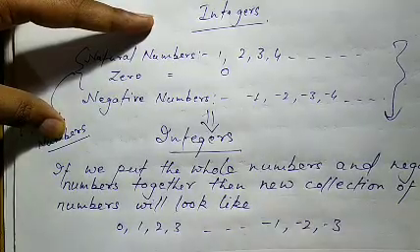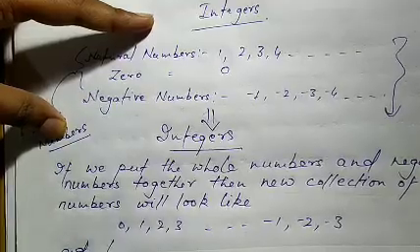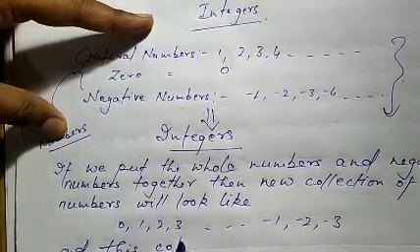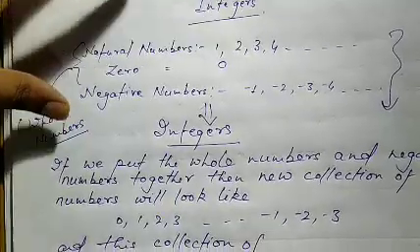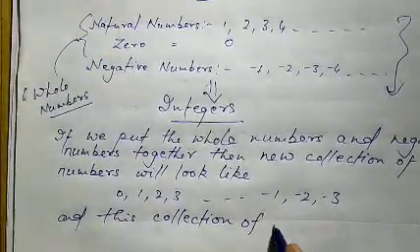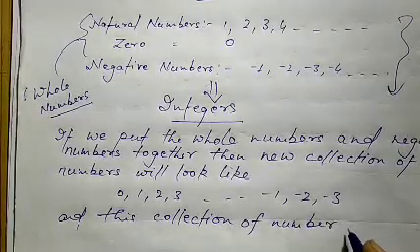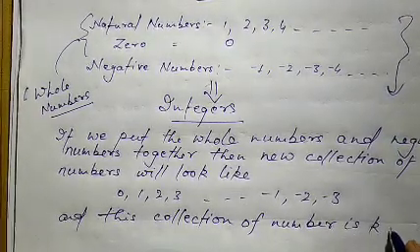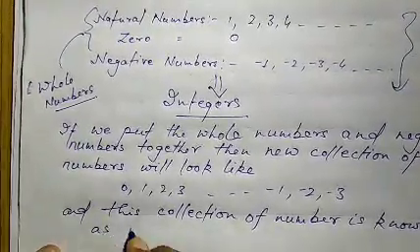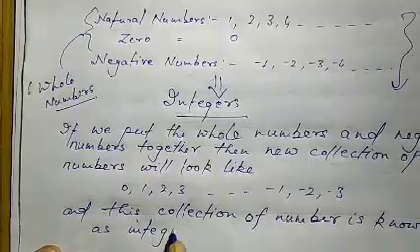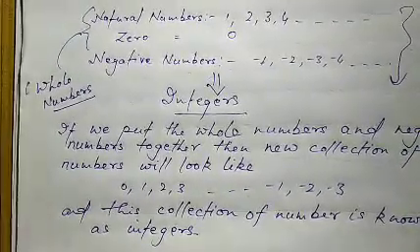And this collection of numbers is known as integers. So this is one definition.